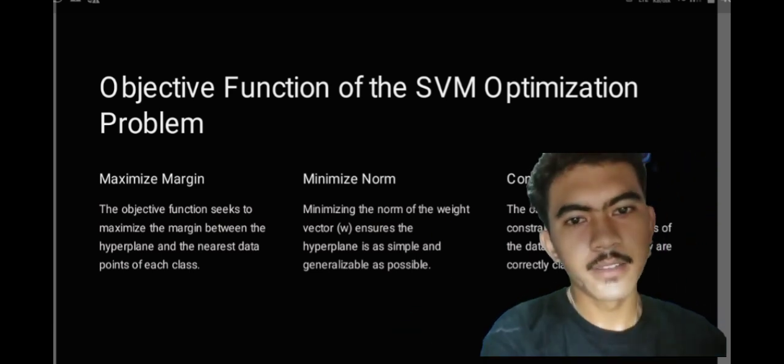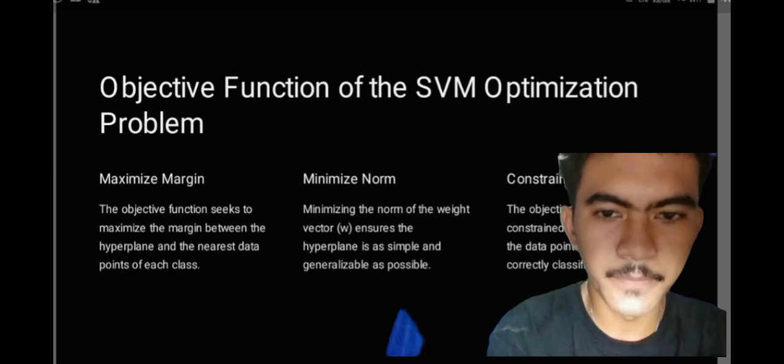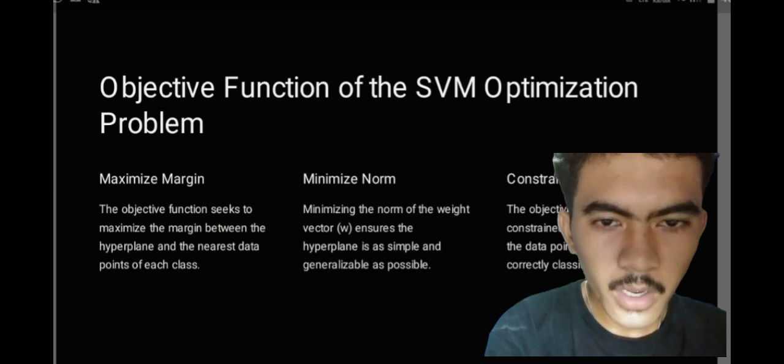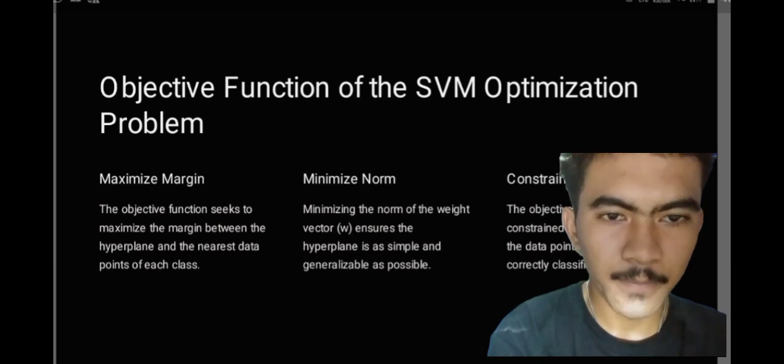Objective function of the SVM optimization problem. Maximize margin. The objective function seeks to maximize the margin between the hyperplane and the closest data points of each class.